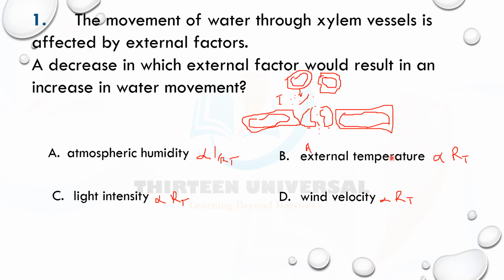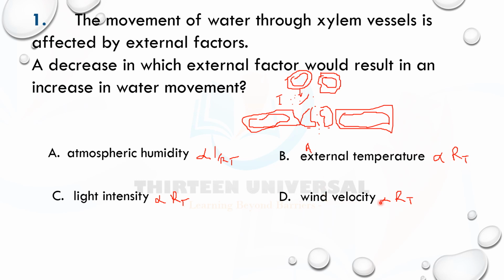If external temperature increases, the rate of transpiration will increase, because there will be more evaporation, so more water vapor is formed inside, which increases the water potential gradient, and water goes out. Look at wind speed.